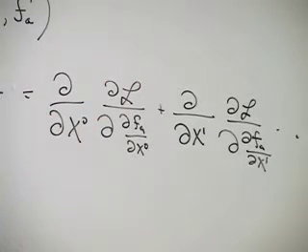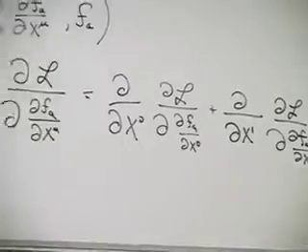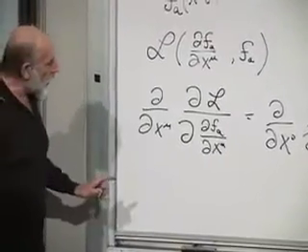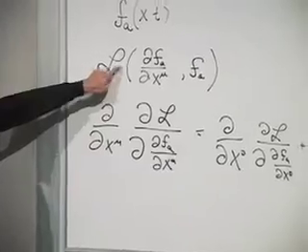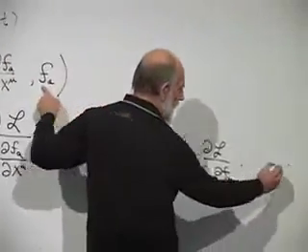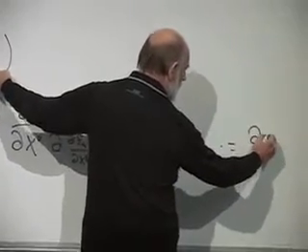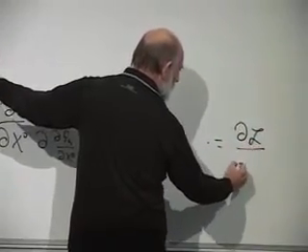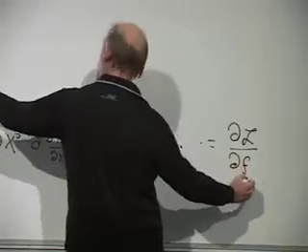That's the structure of the left-hand side of the Euler-Lagrange equations. The right-hand side, we just differentiate the Lagrangian with respect to f a. So that equals the derivative of the Lagrangian density with respect to the field itself.